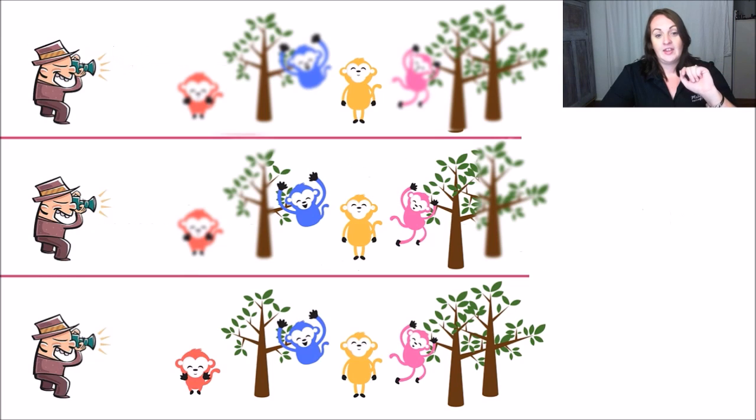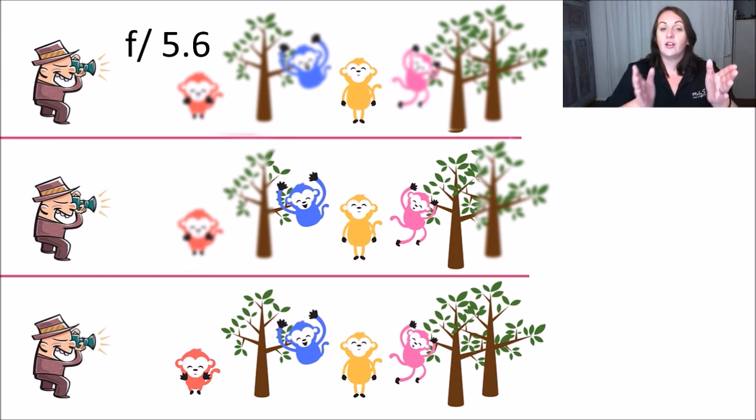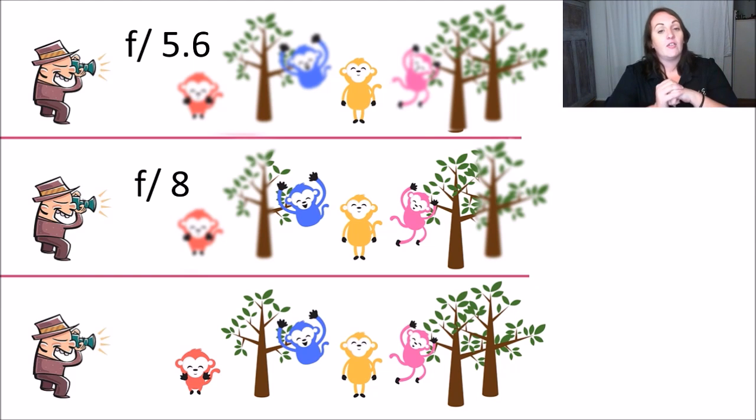So let's have a look again. In the first one, only the yellow monkey is in focus, and if we tell the camera to use an f-stop of 5.6, it's saying use a small depth of field, meaning the yellow monkey only. Now if we were to increase that number and tell the camera to use, say, f-stop 8, we're telling it to increase the amount that's in focus, covering the blue and pink monkeys as well.